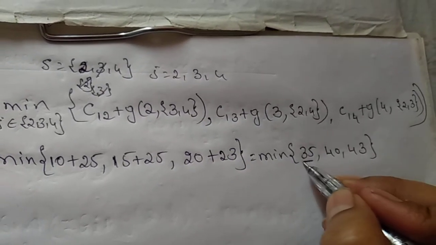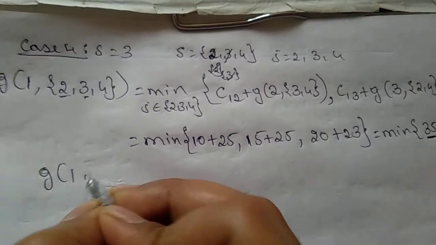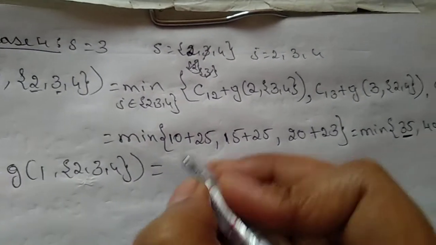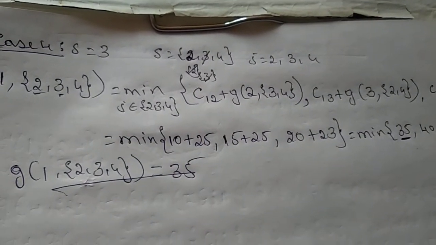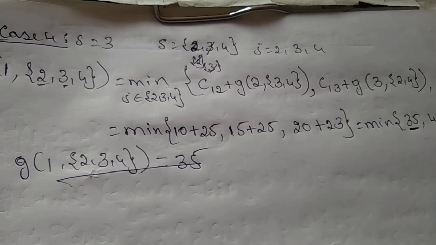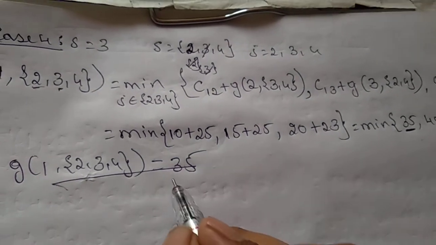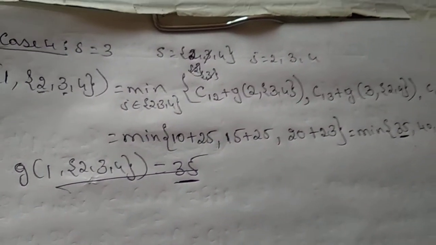Which is minimum? 35 is minimum. So G of 1, 2, 3, 4 is equal to 35 minimum. Is it not? This is the cost of the optimal tour. So 35 is the minimum cost of the optimal tour.